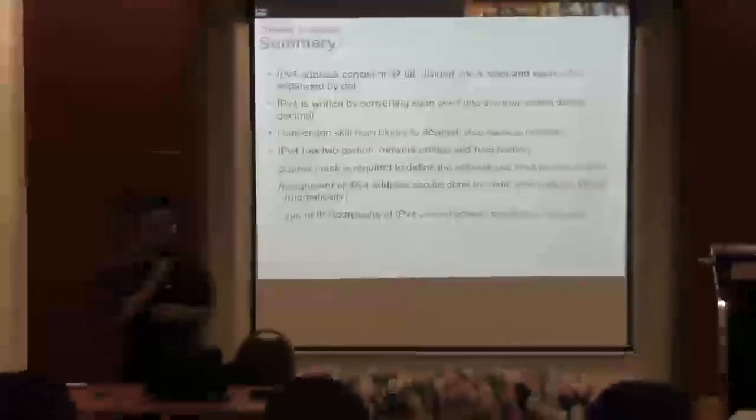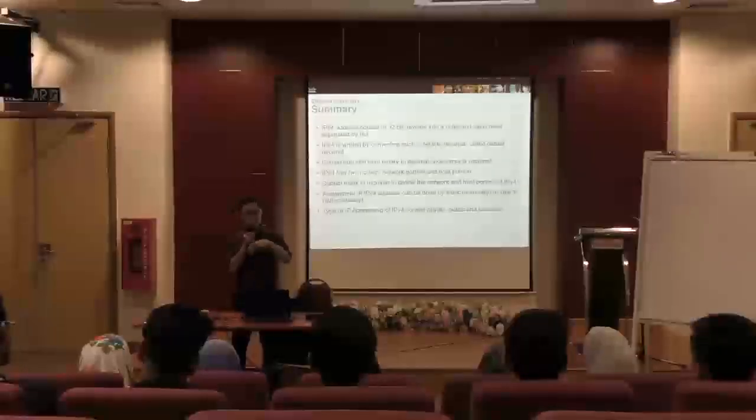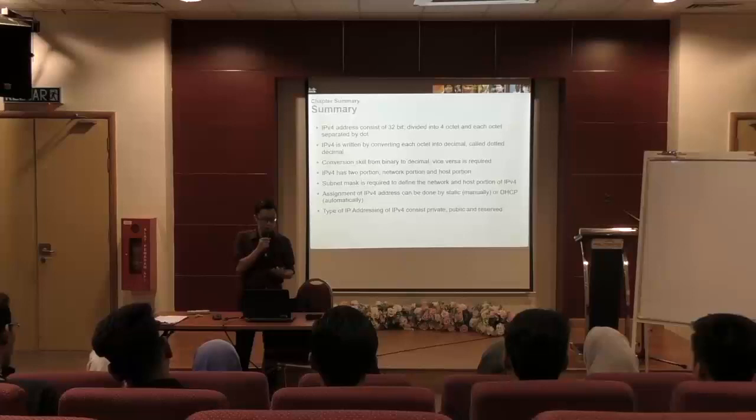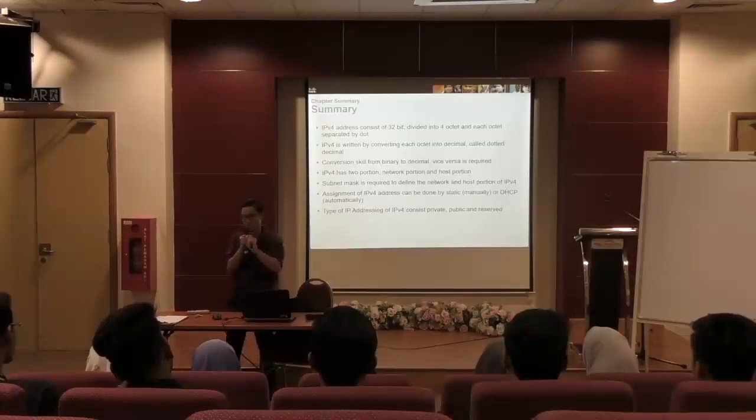You must have the conversion skill from binary to decimal and decimal to binary. IPv4 has two portions, the network portion and the host portion. And the subnet mask is required to define the network and host portion of IPv4. So after you get the network portion and host portion, you must also identify what subnet mask to use.